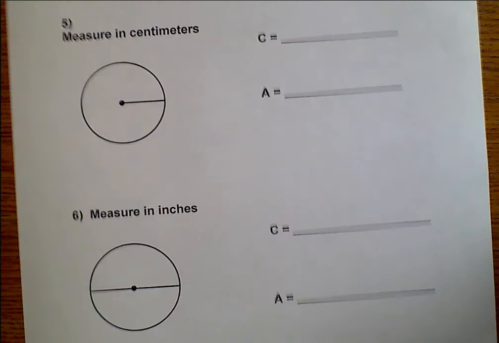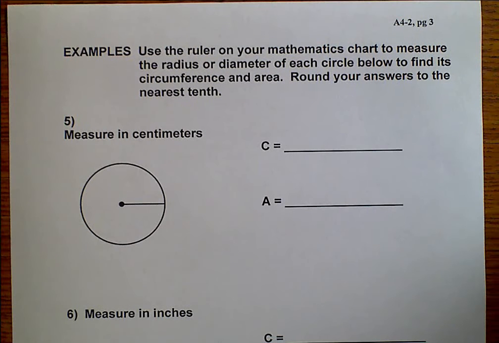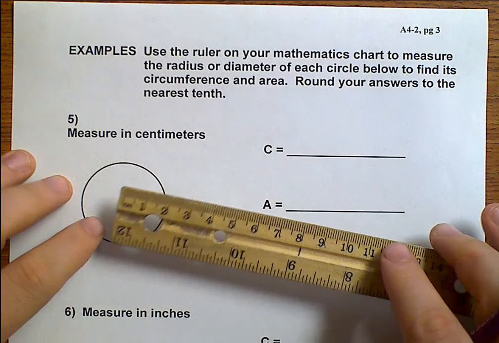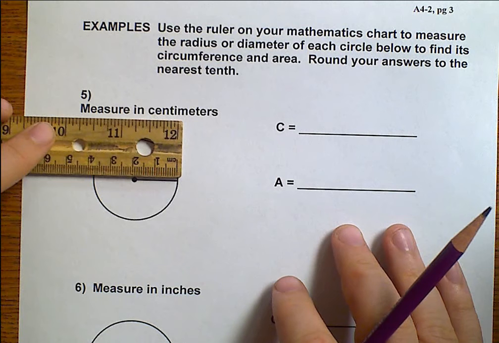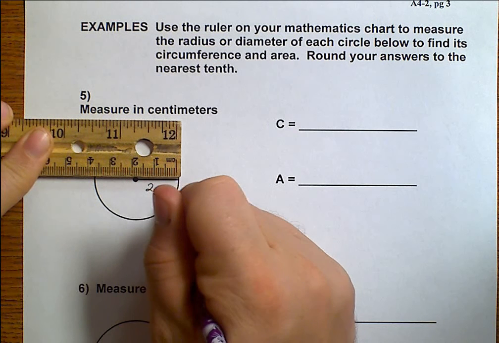Last page for these notes. This talks about using the ruler of your mathematics chart to measure the radius or diameter and then find the answer. Well, I'm going to just use an actual ruler. We want to measure this in centimeters. So if I look at this, this is 2 centimeters.